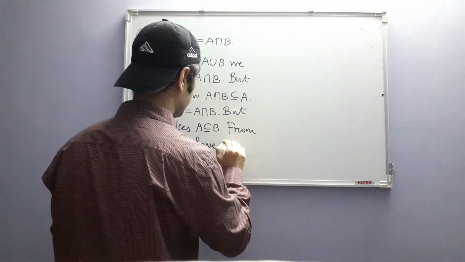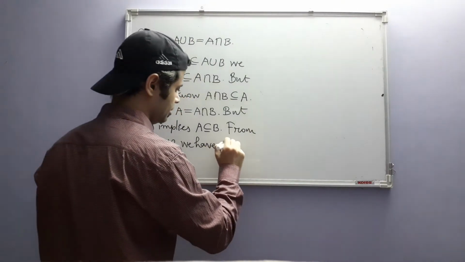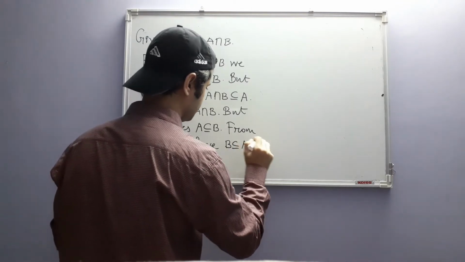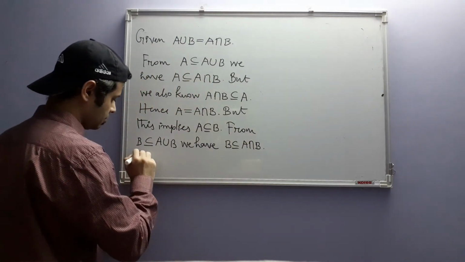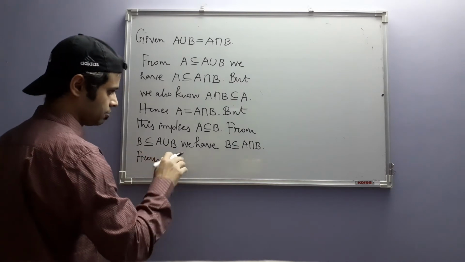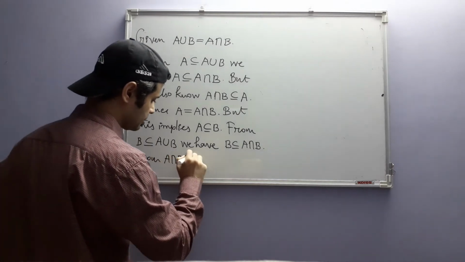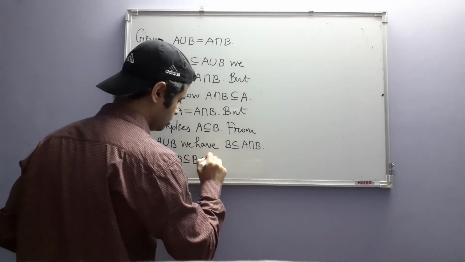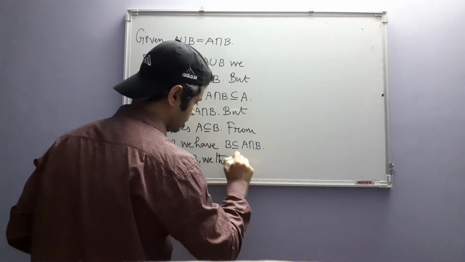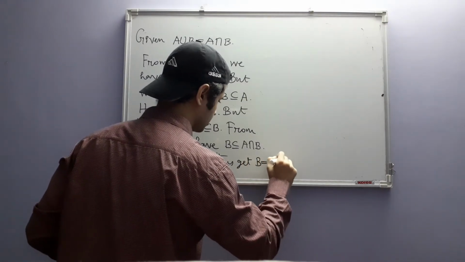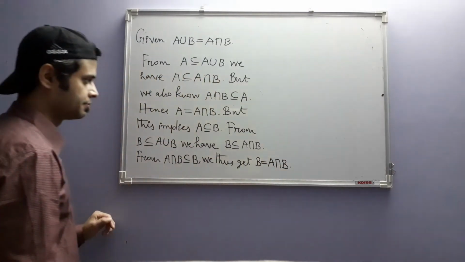We have B is a subset of A intersection B. Since we know that A intersection B is a subset of B, we thus get B is equal to A intersection B.